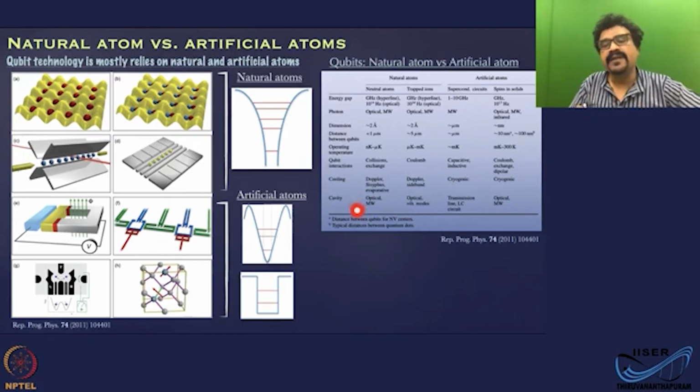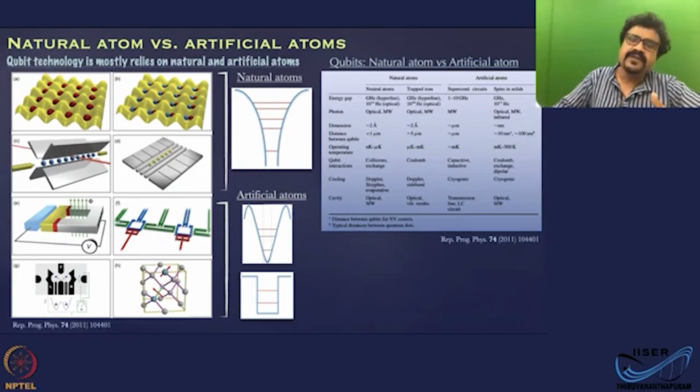And for how you manipulate the states, here you need to use optical and microwave cavities, whereas here we are using transmission line kind of LC circuits or microwave cavities. And here also transmission line LC circuits, microwave cavities, and optical for the implanted ion kind of qubits. That is the quick overview of the current leading candidates for qubit realization.